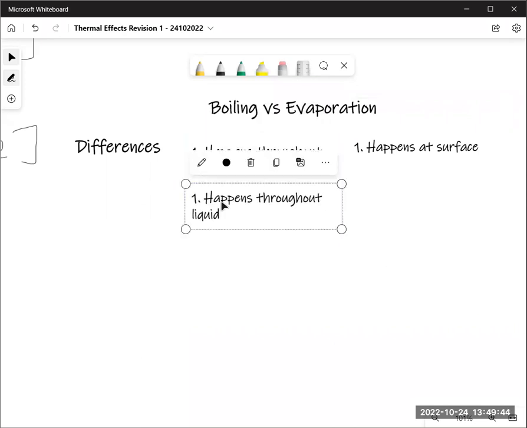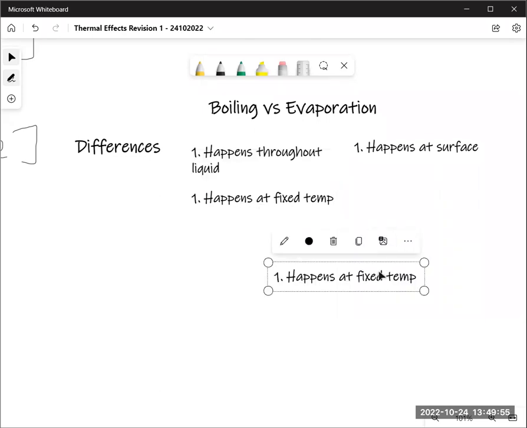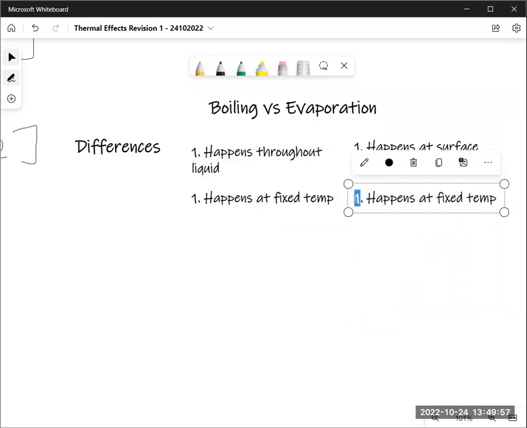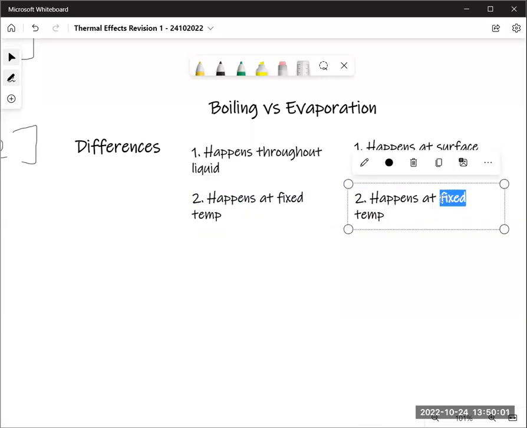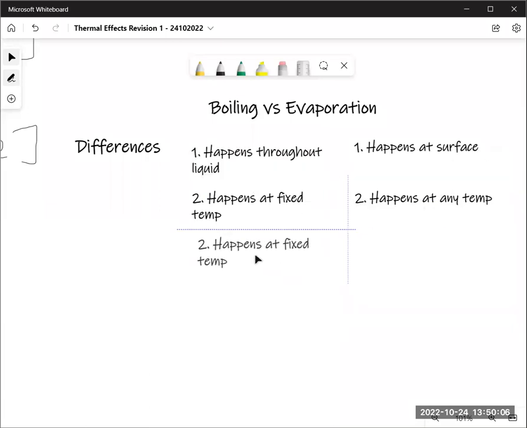Next point is this happens at a constant, fixed temperature. On the other hand, this happens at which temperature, Anas? Tell me. At any temperature. All right.